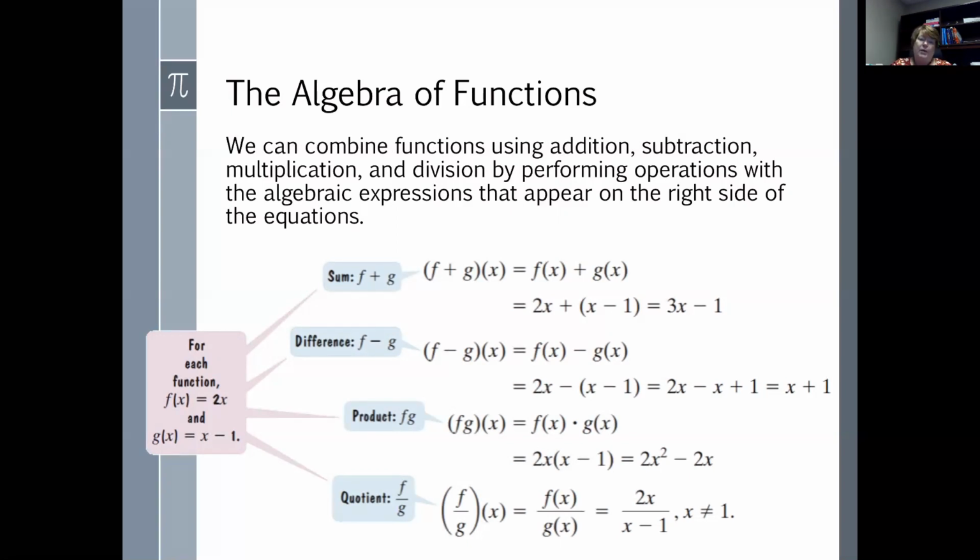So the last one, the quotient function, we have to be careful with that and make sure that the domain of our quotient function is properly defined. So we want to make sure we exclude anything that would cause 0 in the denominator, or with all of these, we would have to restrict the domain if we had a square root. All right?